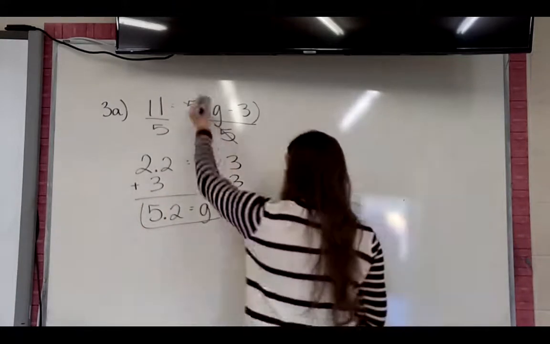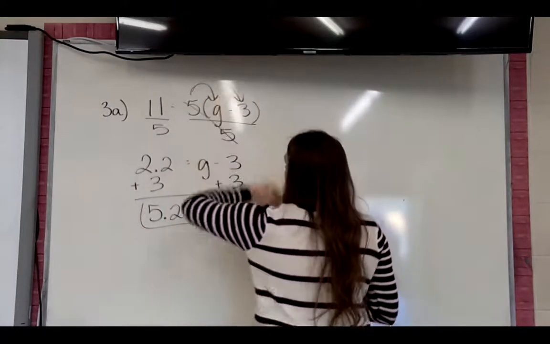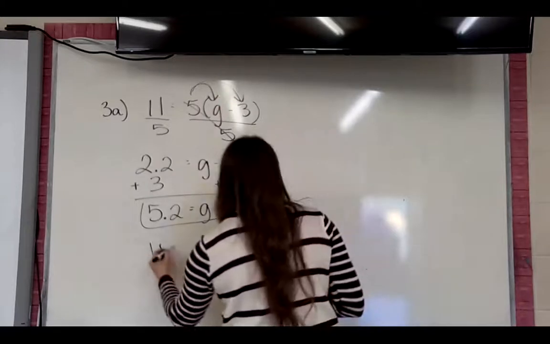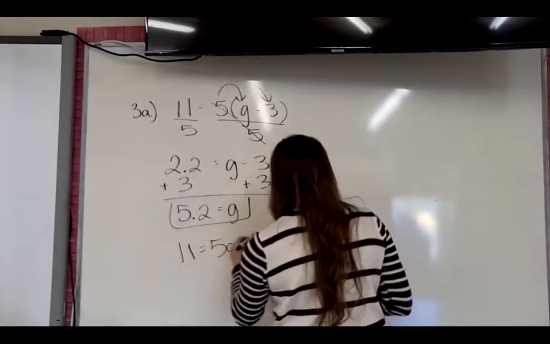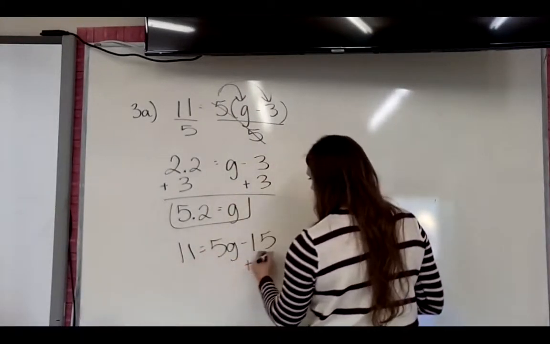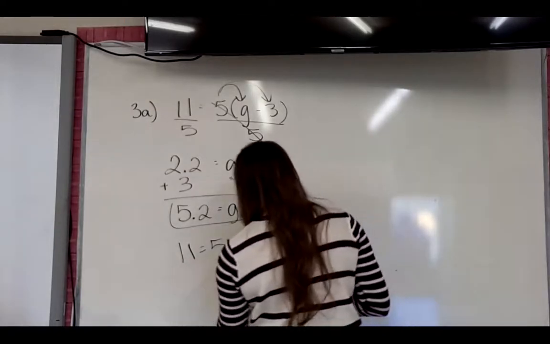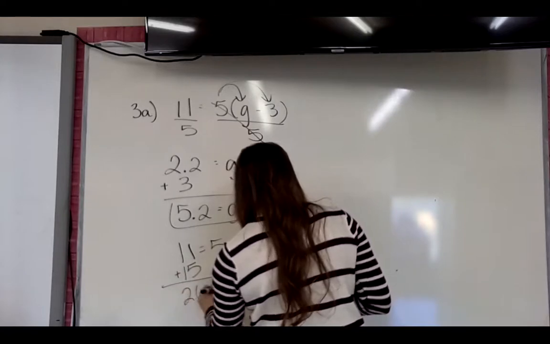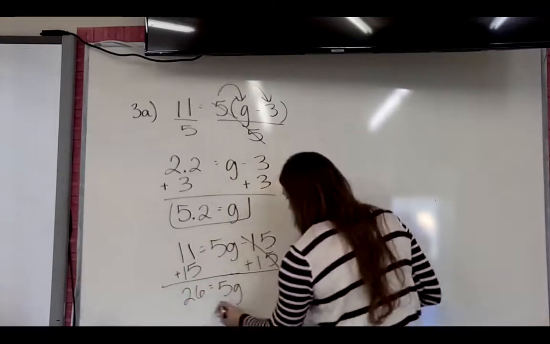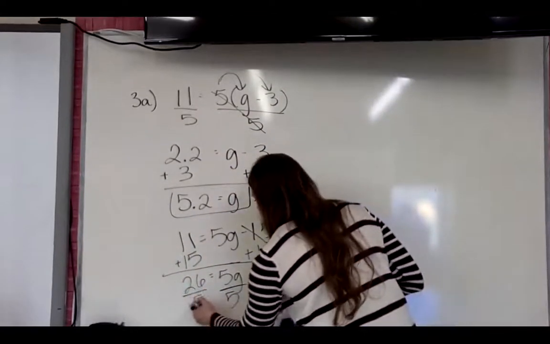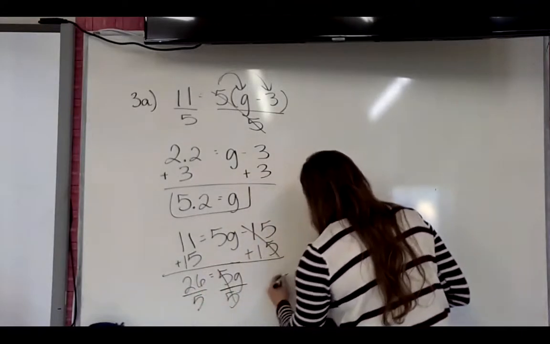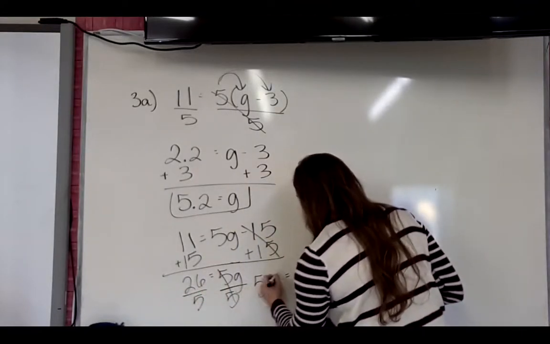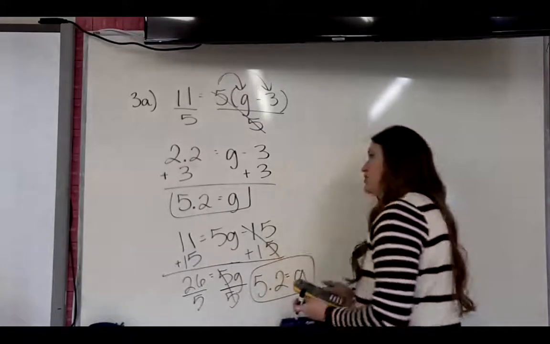We could have also, remember, if it's easier for you to distribute, that is fine. 5g minus 15, add 15 to both sides of the equal sign. And then when you divide by 5 at the end, you're still going to get 5.2. Doesn't change your answer, just how you solve it.